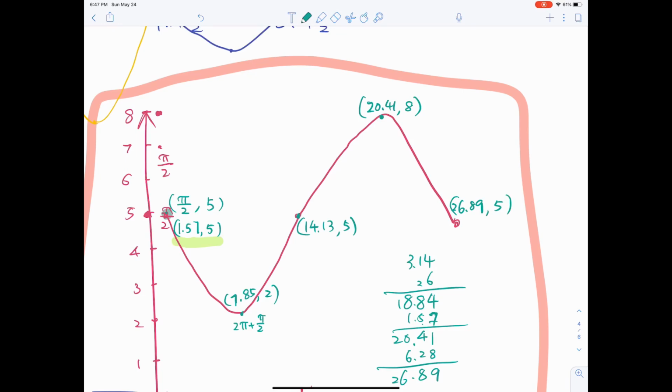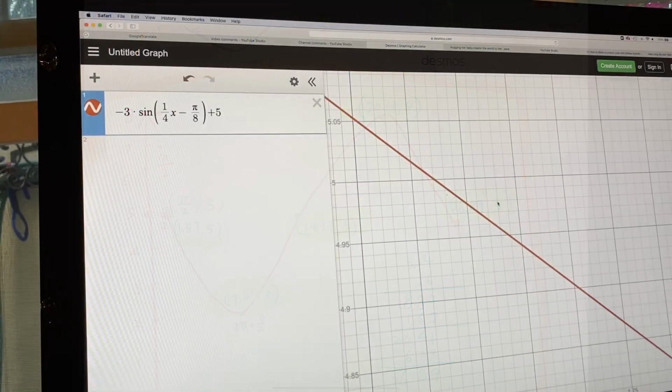Okay, let's take a look, and these are the numbers we need to check. If we get these numbers, our graph is right. I am so excited. Okay, let's check it out.